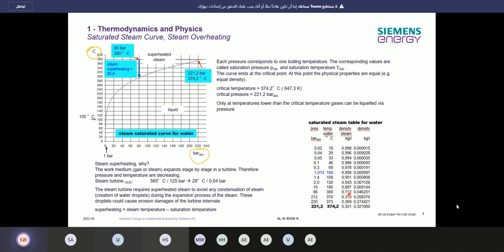So HP piping, higher pressure, lower volume, or higher density. So 1 liter of steam is just 0.7 kg, so you need less volume. And when you compare it to the low pressure piping with the same flow through it, it will have a bigger diameter.